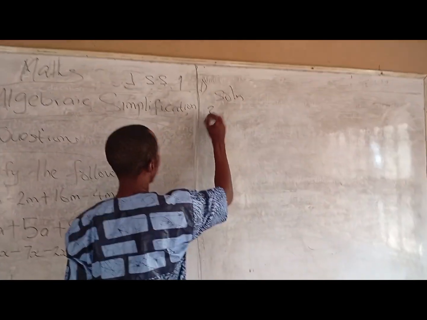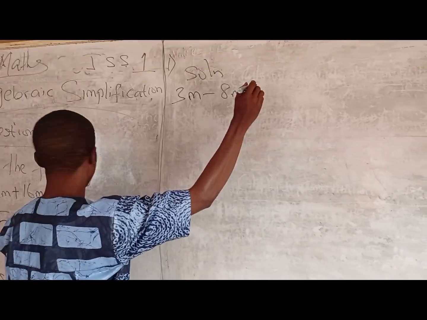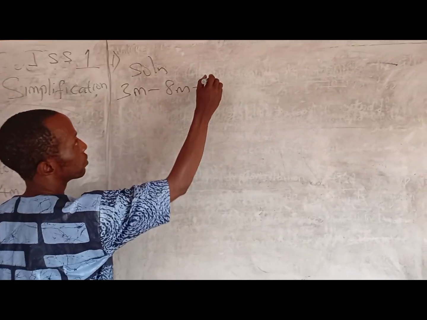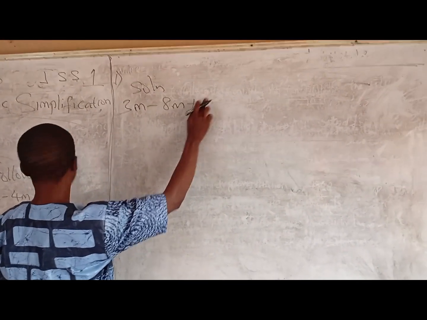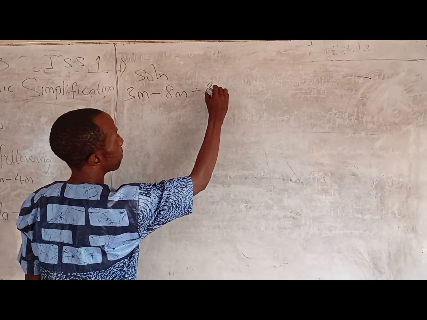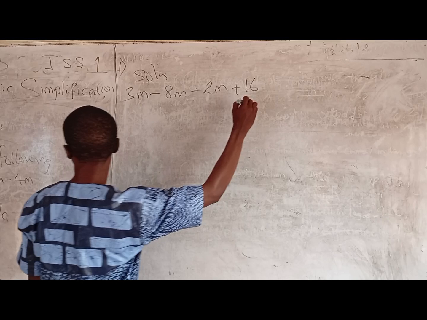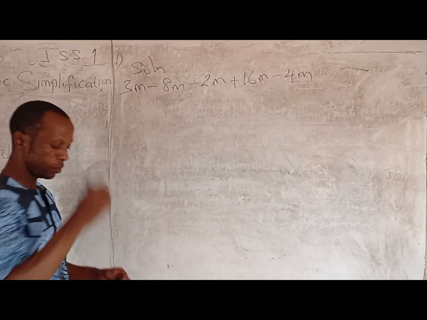We have 3m minus 8m plus 5 plus 2 minus 2m plus 16m minus 4m.